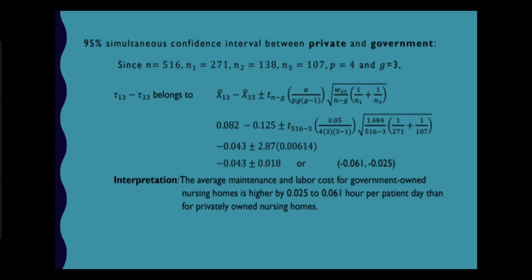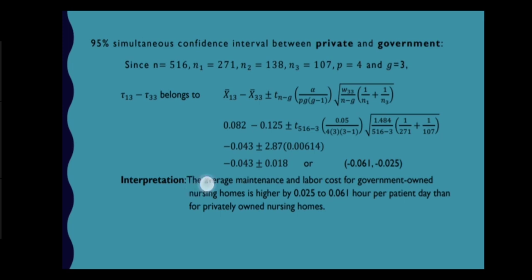Okay, alpha we use 0.05. Okay, variable is 4. We have 4 variables. Okay, 1.484 adalah W33 because of, okay, we find the confidence interval between private and government for third variable.